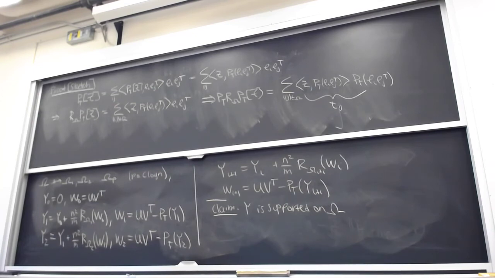At each step we only add, by construction, right? y0 is supported on nothing. y1 is just getting its entries on omega 1. y2 is getting its entries from y1 and also from omega 2. So at the end of the day, our aggregate y, the last y we get out, is just supported on the union of the omega i's. So that's a good starting point. So this proof is immediate.